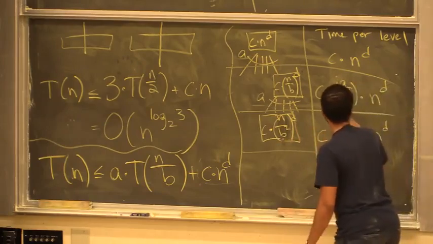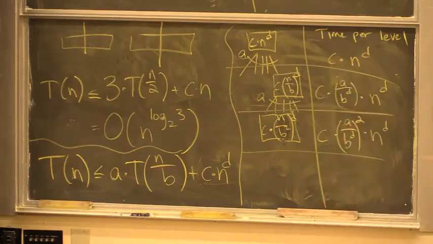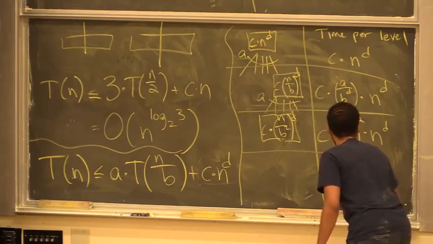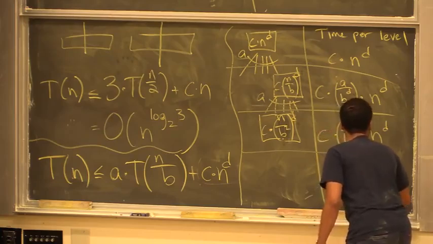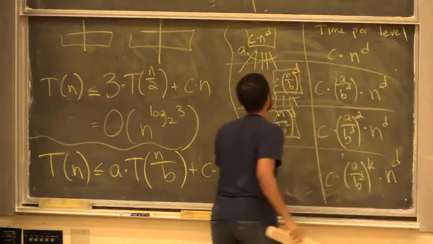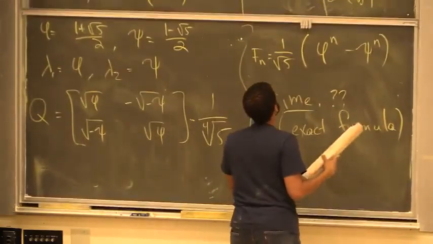So this is a over b to the d squared. So the general thing is, if I go down k levels, c times a over b to the d to the k times n to the d. That's at the kth level. So, okay. What's the total time?